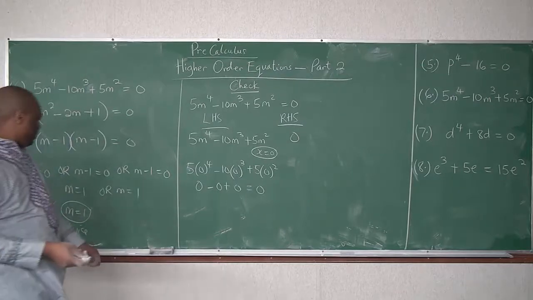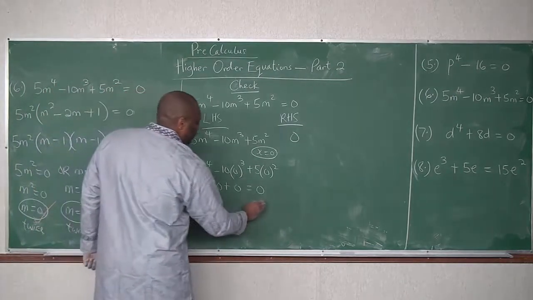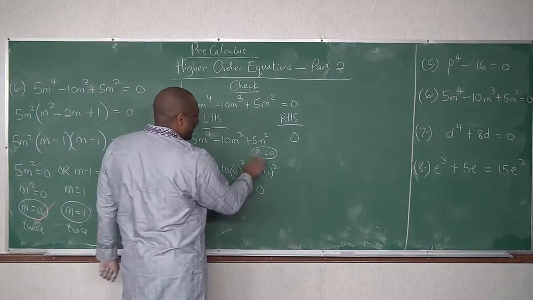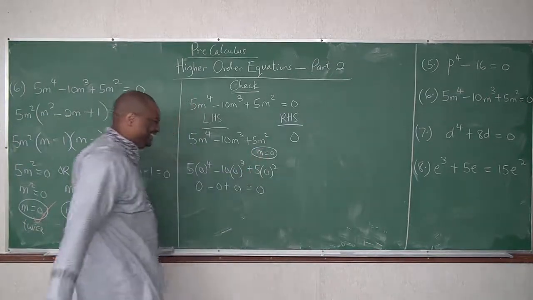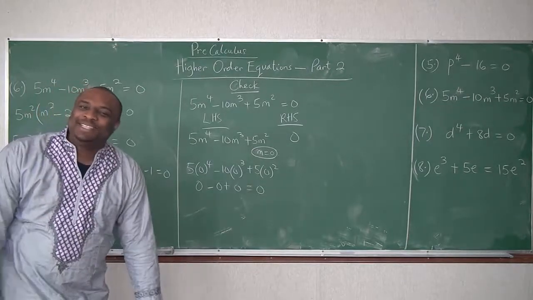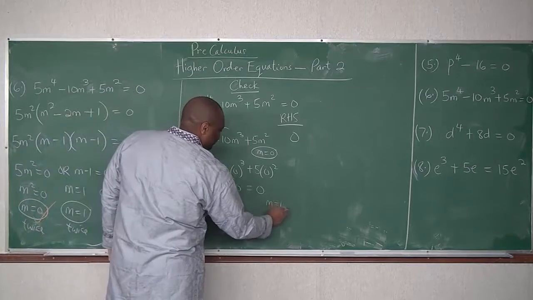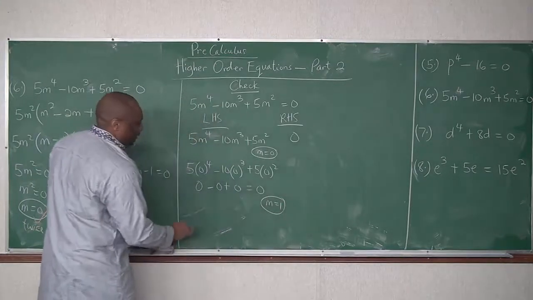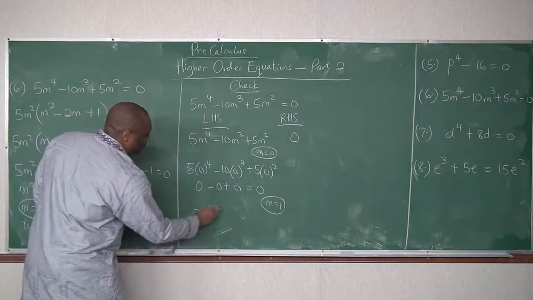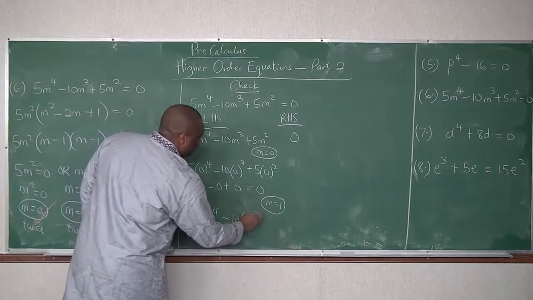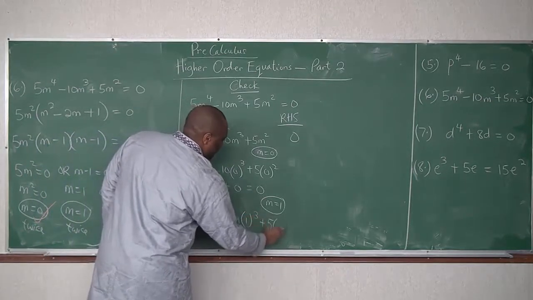Then we check for m equal to 1. Did I say x here? Don't mind me, this is m. Then check for m equal to 1. This will be 5 times 1 raised to the power 4 minus 10 times 1 cubed plus 5 times 1 squared.